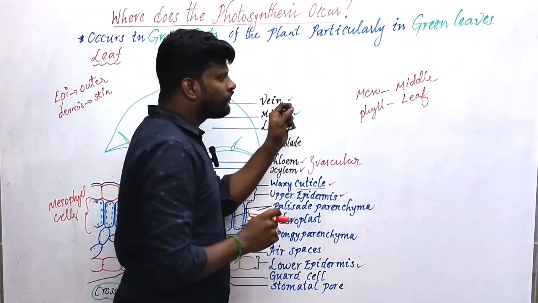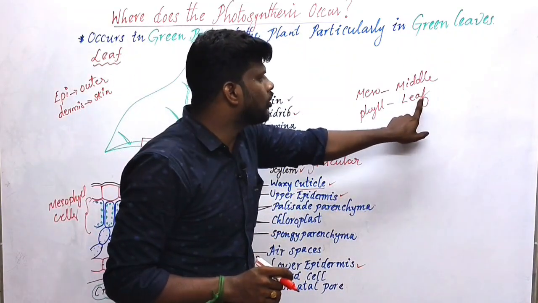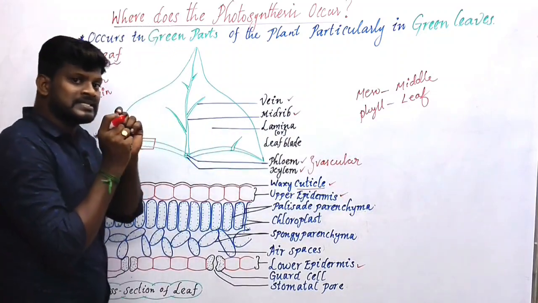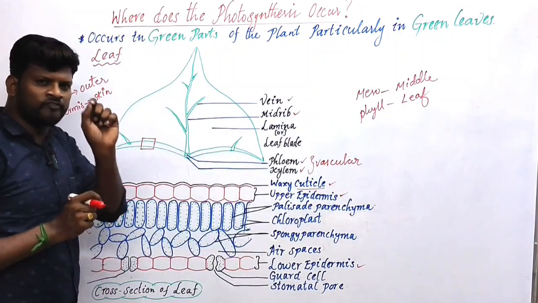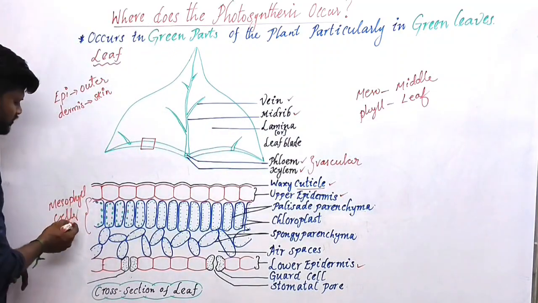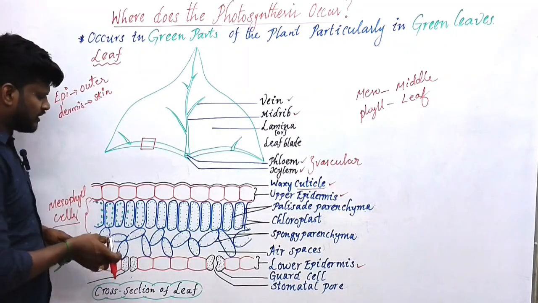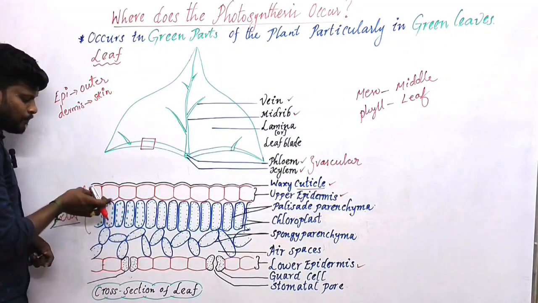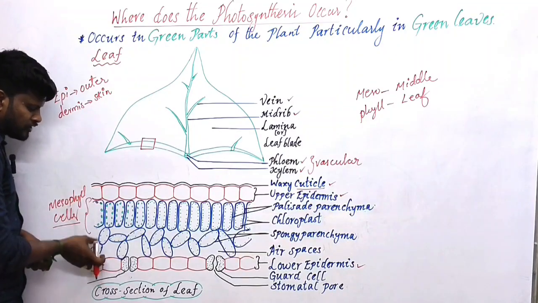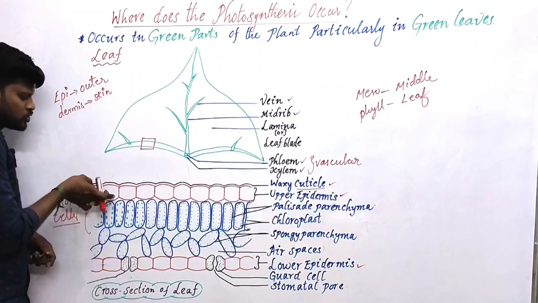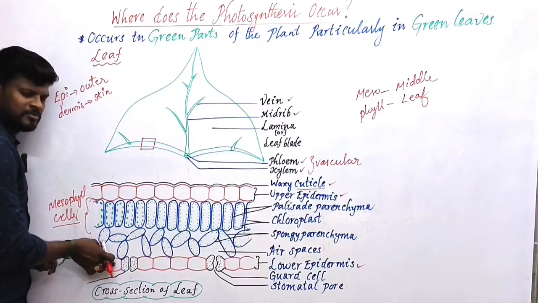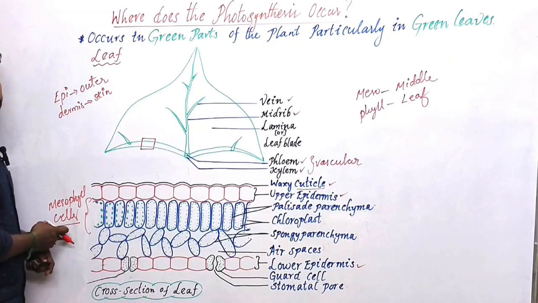So mesophyll is nothing but middle of the leaf. So the cells present in the middle of the leaf are nothing but mesophyll cells. Middle means the cells present between the upper epidermis and the lower epidermis.